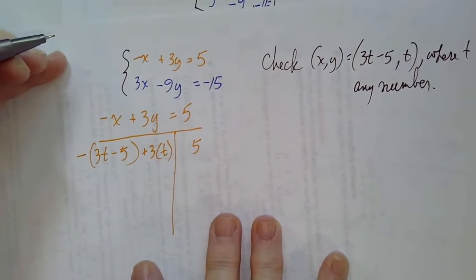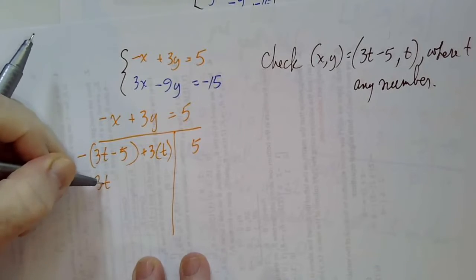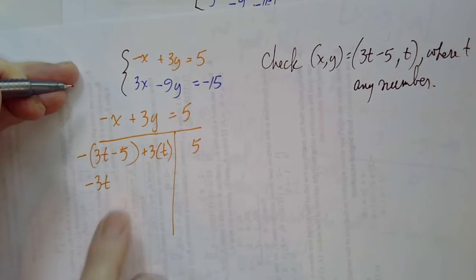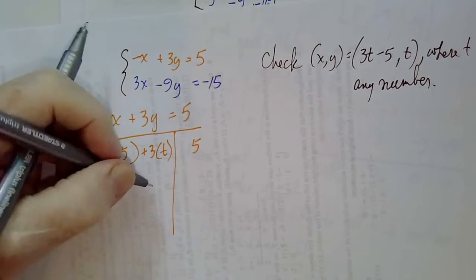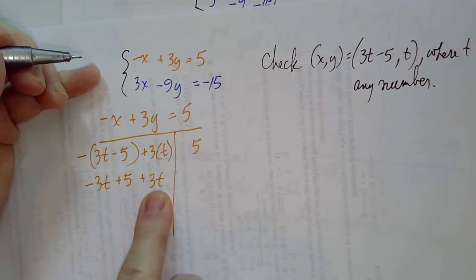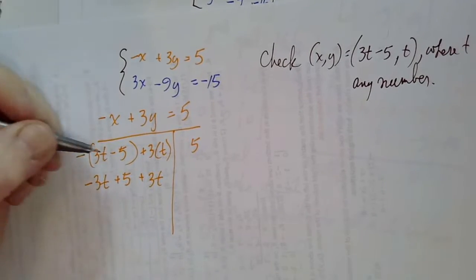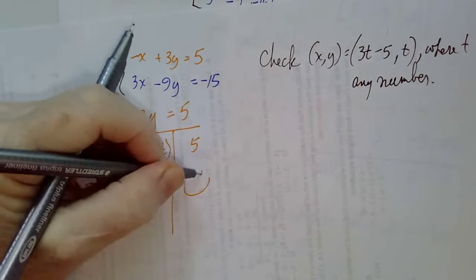Let's see what we get. Negative times 3t is negative 3t. Negative times negative 5 is positive 5. And we have plus 3t. Negative 3t plus 3t is 0, so on the left we only have 5, and that matches.